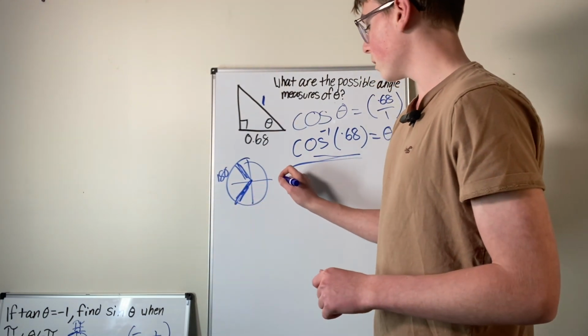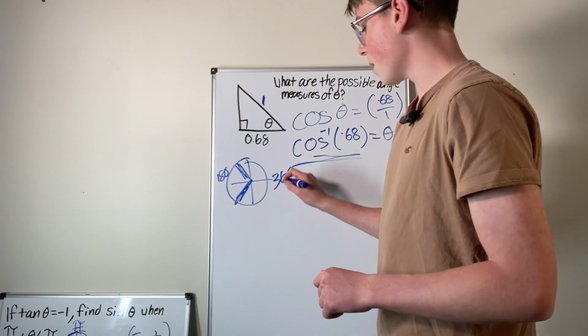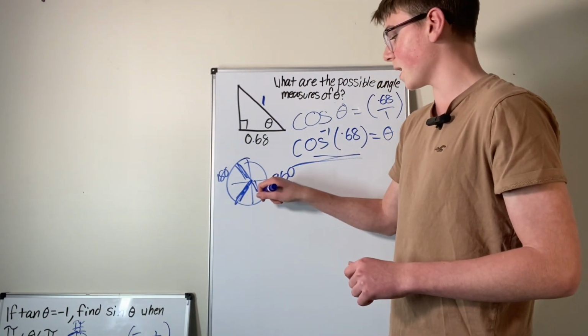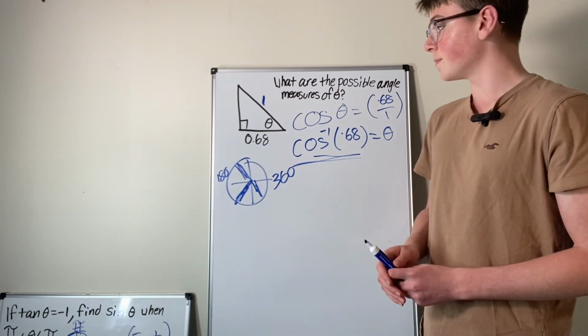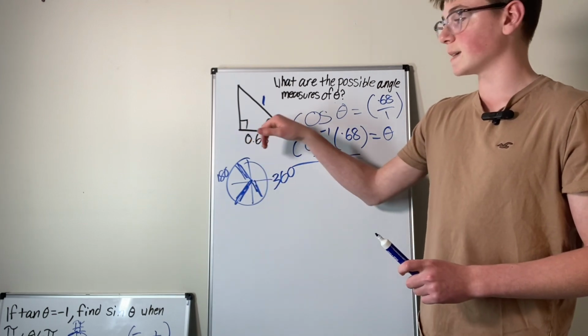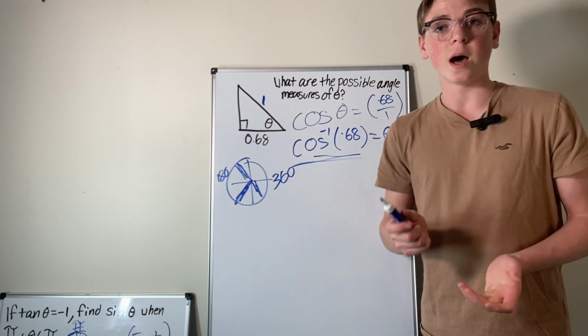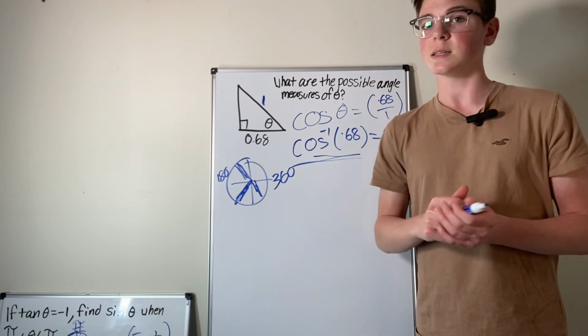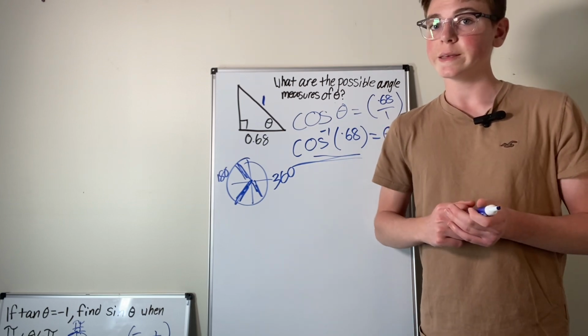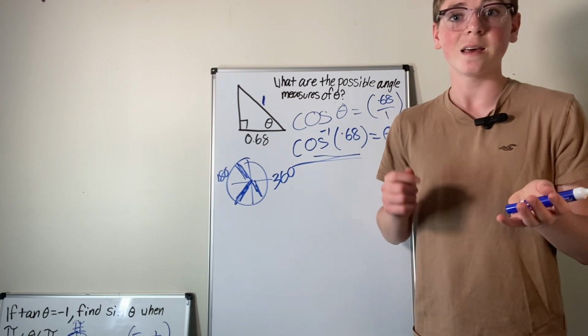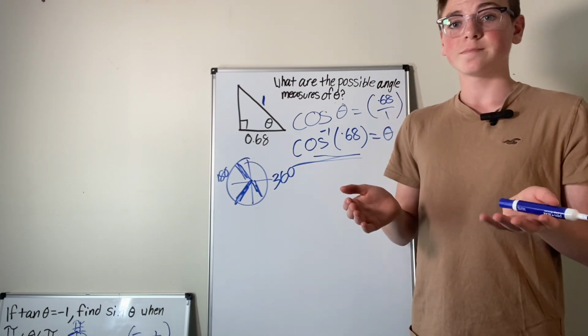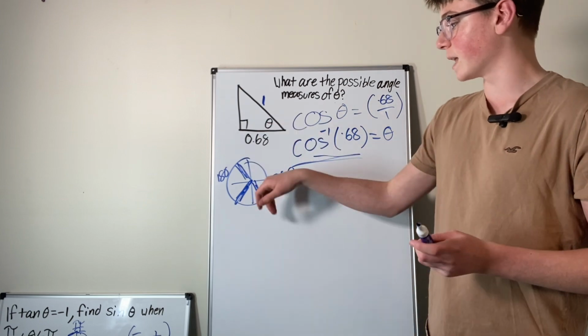Then we have to do 360 minus this angle, and we'll get an angle in this quadrant. The reason we know that it's going to land in that quadrant is because it's less than 90 degrees. So we know 180 minus something that's less than 90 degrees is going to be between 179 and 91. So we know it has to land in there.